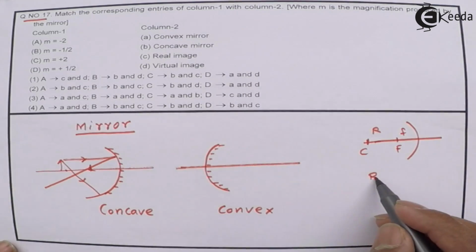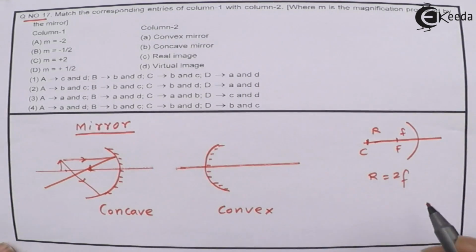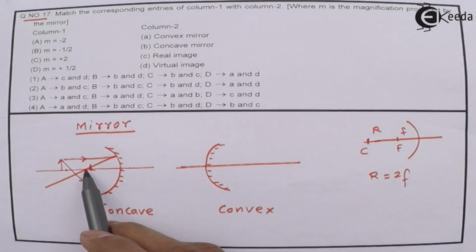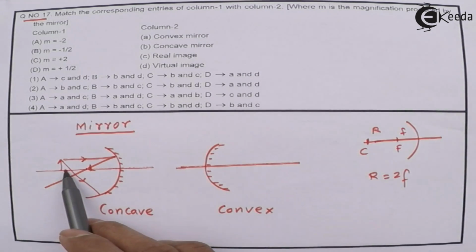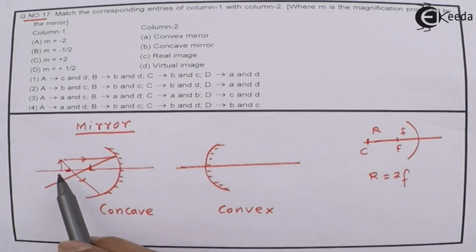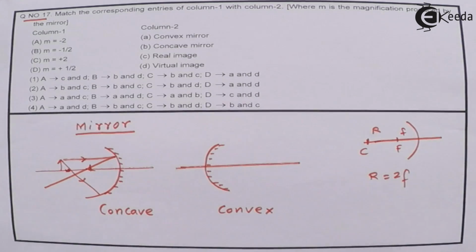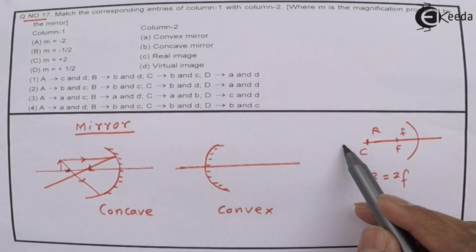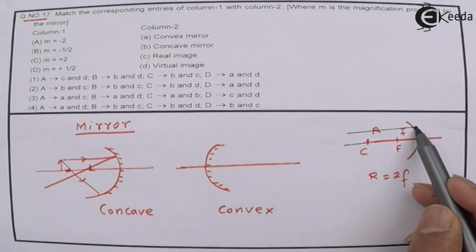This radius of curvature is always equal to twice the focal length. So if I consider this as the focus, the ray which is coming parallel to the axis must always pass through the focus.